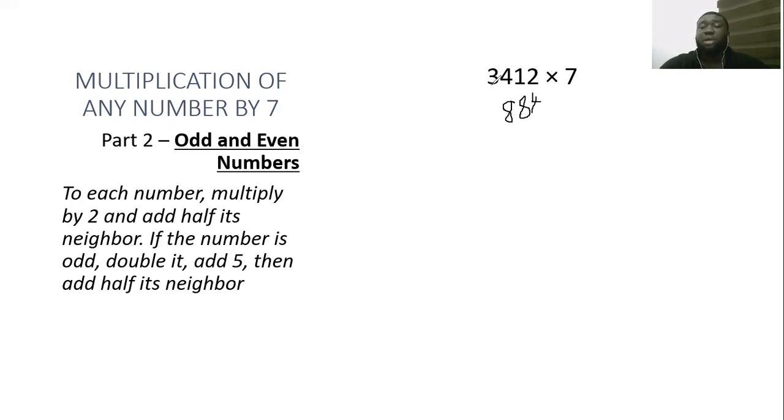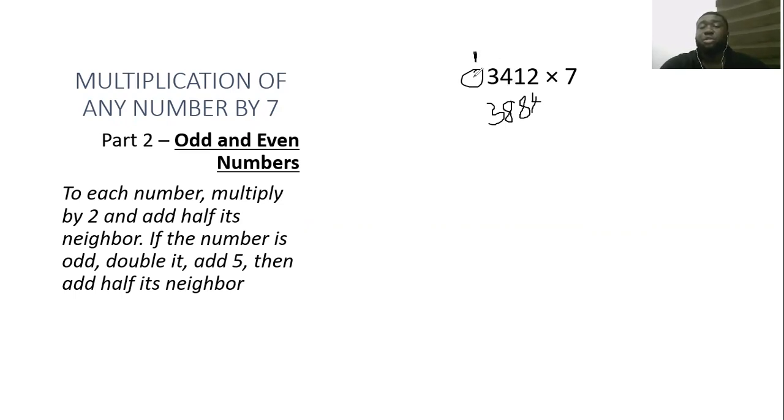And finally, we have 3, which is an odd number. So 3 multiplied by 2 is 6. 6 plus 5 is 11. 11 plus 2, which is half of 4, is 13. Ooh, I forgot to add the 0. So we put 0 here. I will carry 1. Okay.